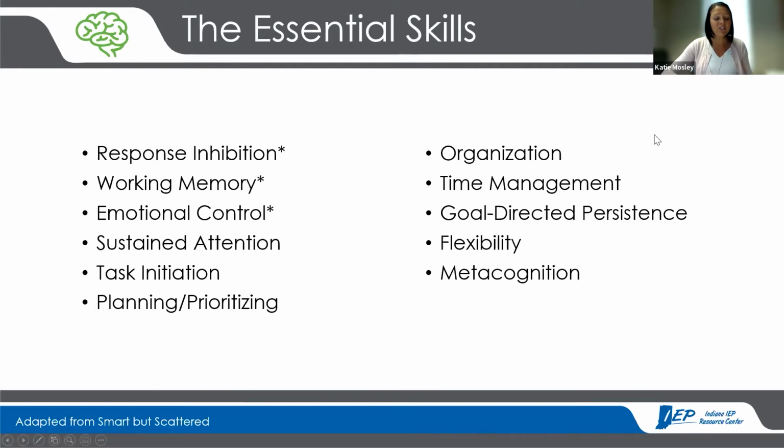Okay, so the essential skills. Like I said, many researchers will give different opinions about exactly what components will serve as an executive functioning skill. We are going to take a look at these main ones. You'll notice there are 3 stars: response inhibition, working memory, and emotional control.